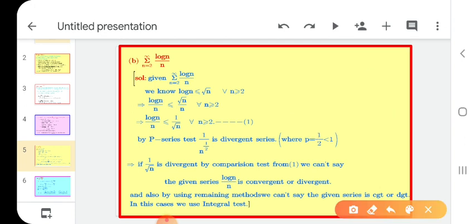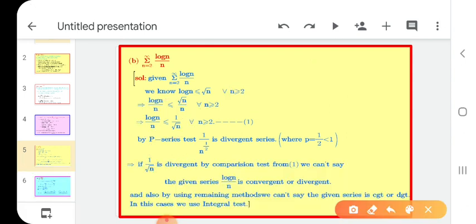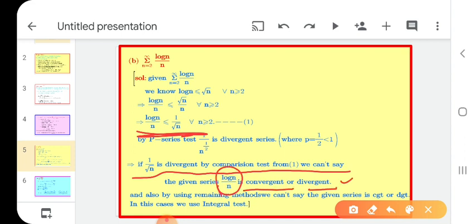But here the larger series, 1 by root n, is divergent. If the larger series is divergent, we can't say the smaller series is also divergent. It is not possible. So if 1 by root n is divergent, by comparison test we can't say the given series log n by n is convergent or divergent.